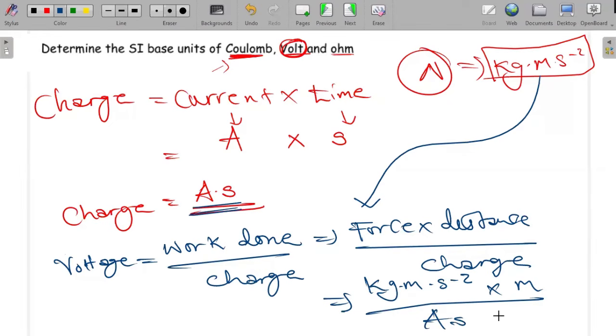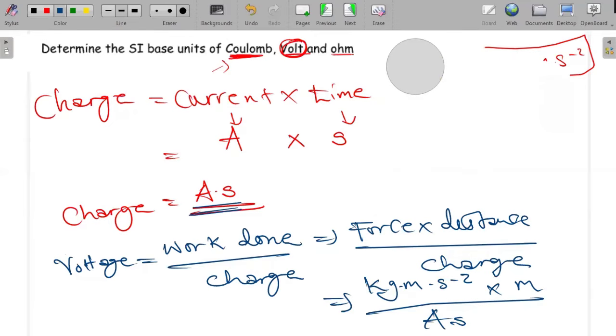Okay, so can you simplify this equation further to find the final equation? That will be our final SI base units for volt. The second will have a -3.